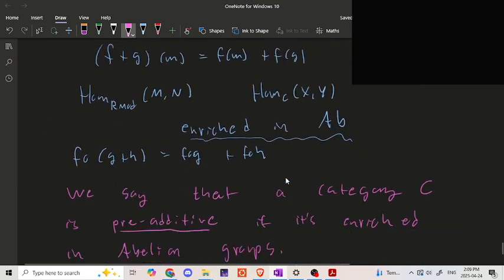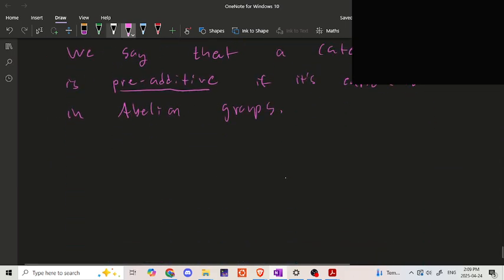Let me make a new line down here. So it's got to respect composition. Of course, if we take the composition of these maps, evaluate this whole thing at some object, what is this?